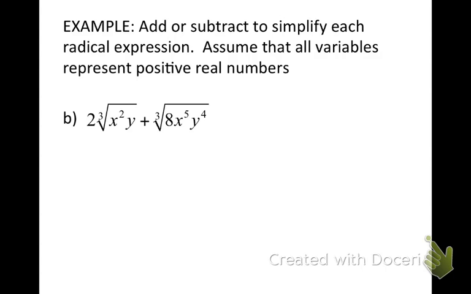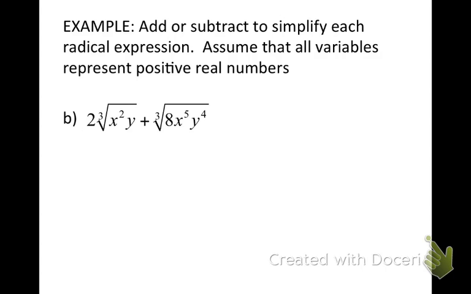So my indexes are the same. Can I simplify my x squared y any further? Keeping in mind, remember my exponents right now are less than my index. That means it is simplified all the way. If this was larger than 3, then I could probably take some stuff out. So the first half is simplified.